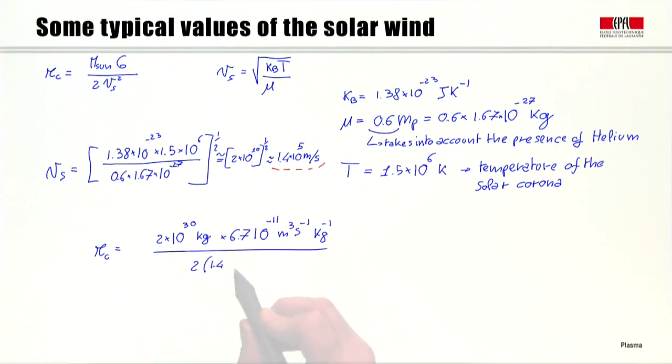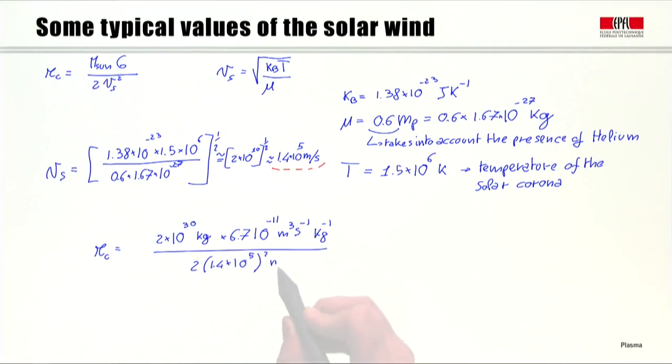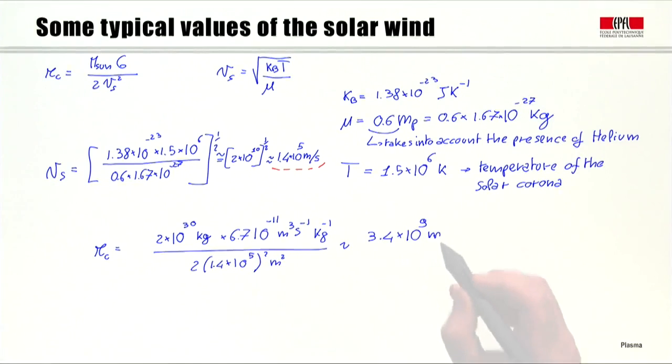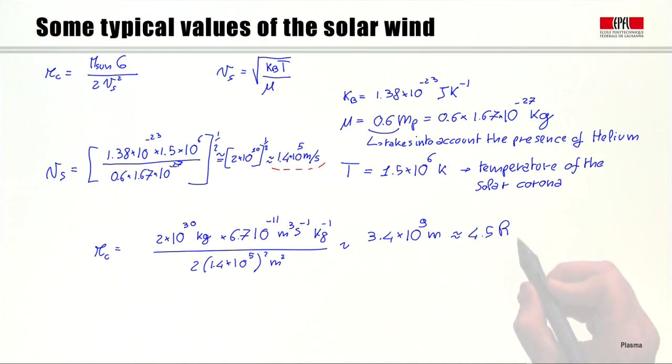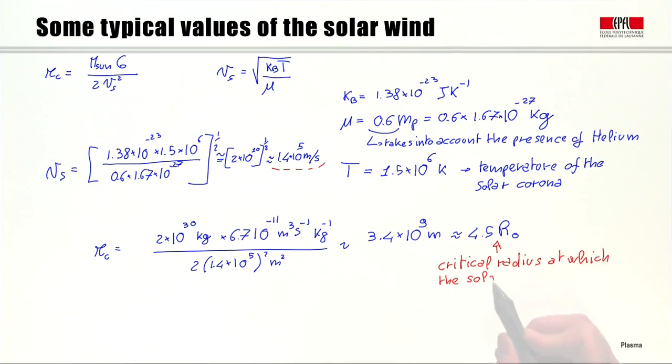We obtain that the critical radius RC is approximately 3.4 × 10^9 meters, which corresponds to approximately 4.5 times the radius of the Sun. This is the critical radius at which the solar wind becomes supersonic.